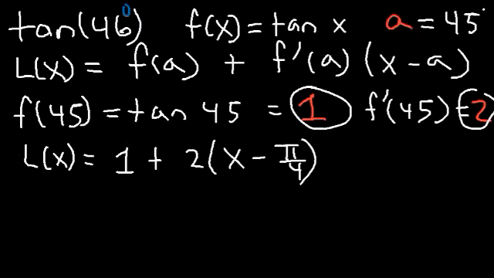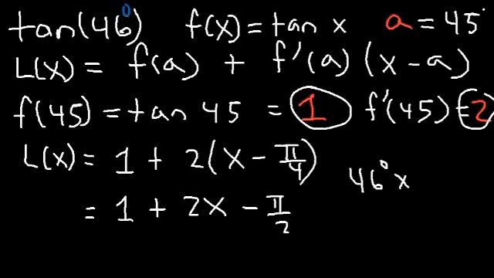But let's distribute the 2 first. So it's 1 plus 2x minus 2 pi over 4, which reduces to pi over 2. Now 46 degrees multiplied by pi over 180. Let's reduce it. So it's 46 pi over 180. If we divide by 2, it becomes 23 pi over 90, which we can't simplify any further.